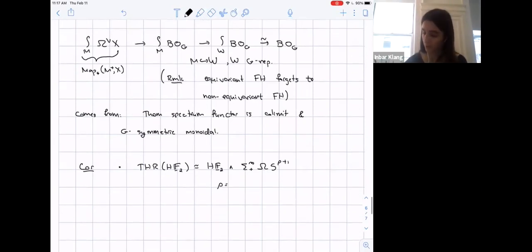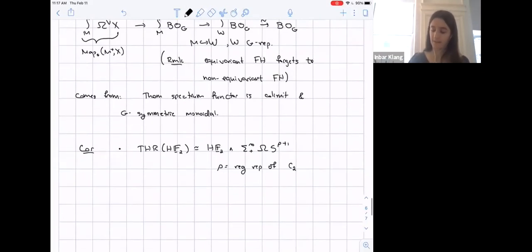So here ρ is the regular representation of C_2. And this recovers the description in the Thom Factorization Array, which says that this is polynomial over HF_2 with generator in degree ρ.